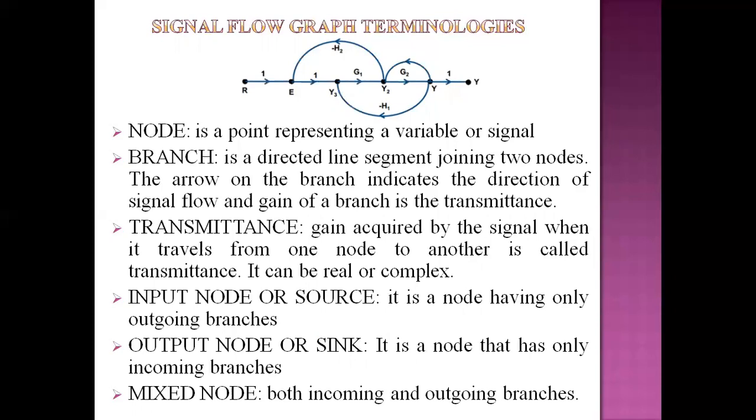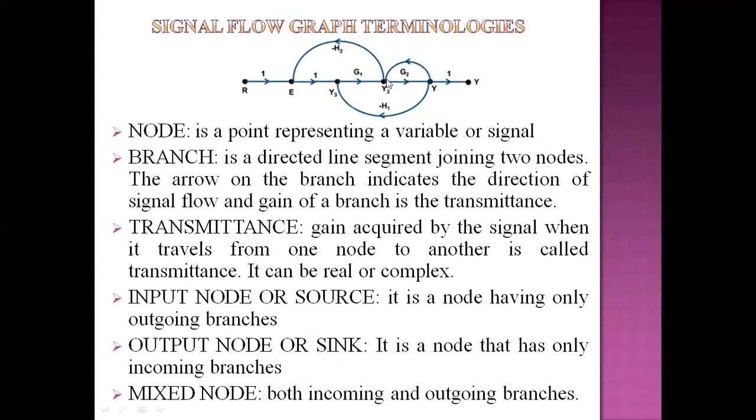Transmittance is the gain acquired by the signal when it travels from one node to another. It can be real or complex. Input node or source node is a node having only outgoing branches. Output node or sink is a node that has only incoming branches, whereas a mixed node has both incoming and outgoing branches.